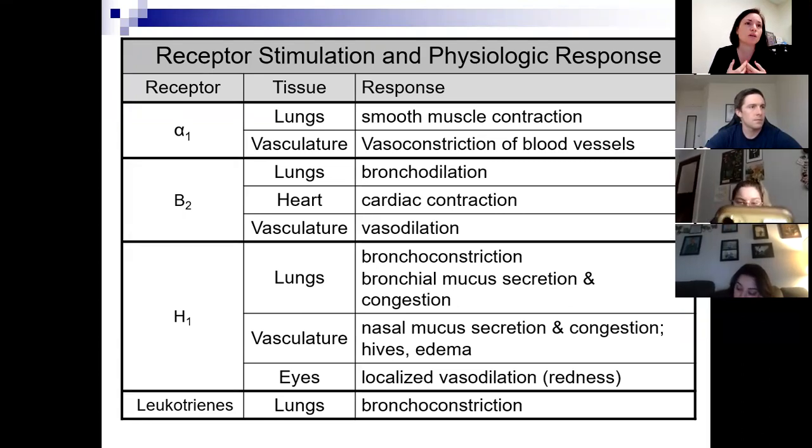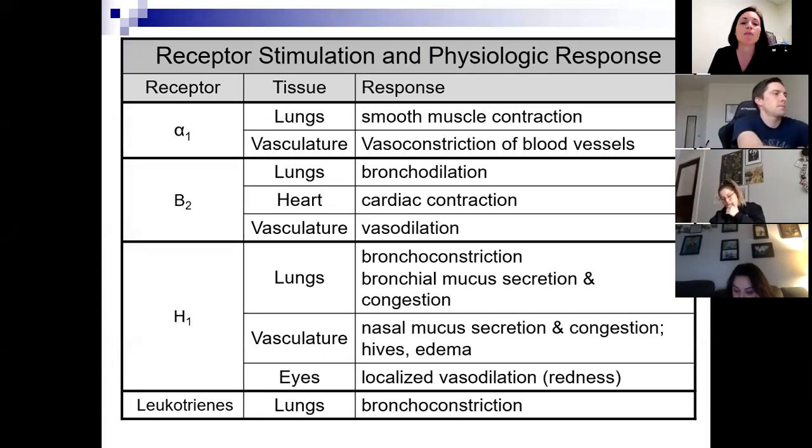Beta 2 is the predominant one that we're going to be thinking about when we think of medications for asthma or opening up the lungs. And you guys have already talked about that, even last week. I know someone mentioned it to Dr. Beggert. Now the one that we're introducing that's new is H1, and that's histamine 1. We'll talk about that a little bit more.